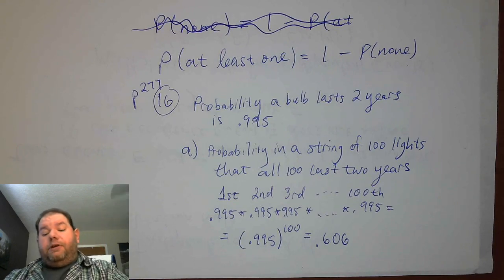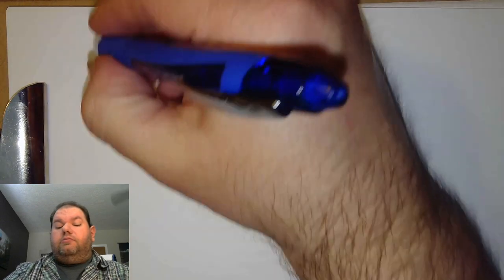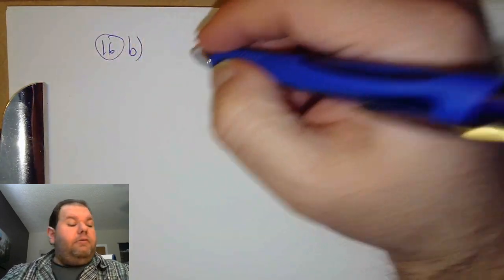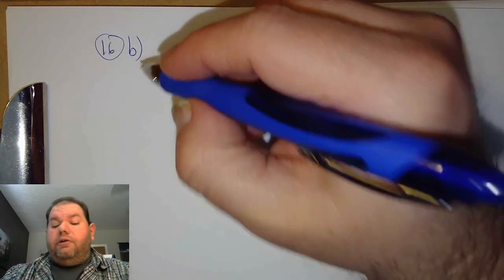But that's question B. We want to find the probability that at least one bulb will burn out in 2 years.